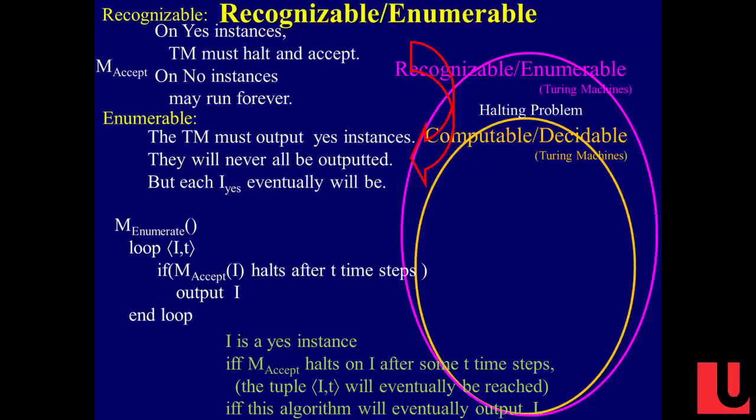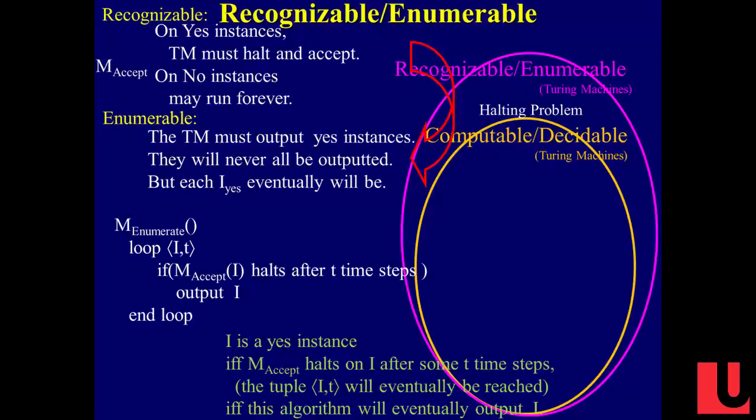So eventually the tuple I, t will get to it in our diagonal ordering, and this program will output I. Does that make sense? And similarly, it never outputs something that's a no instance. Everybody good?